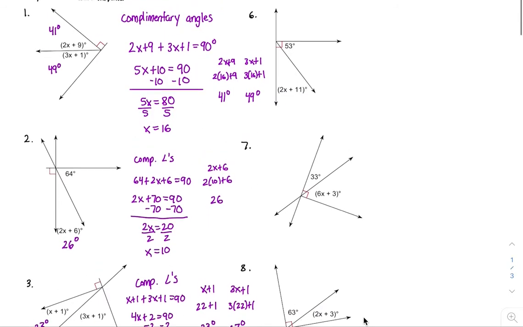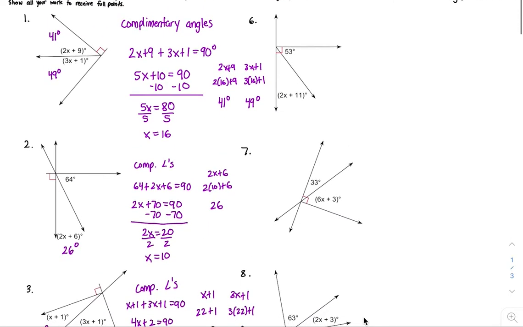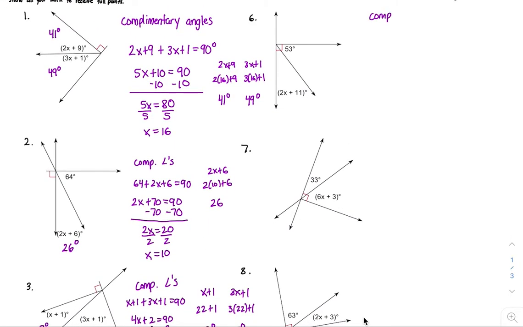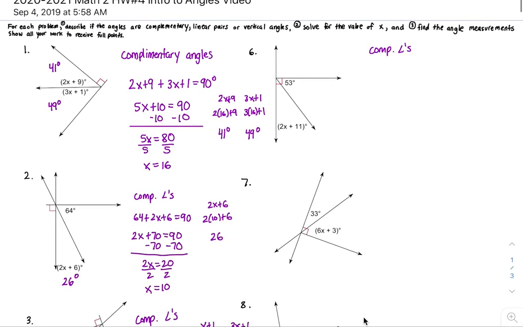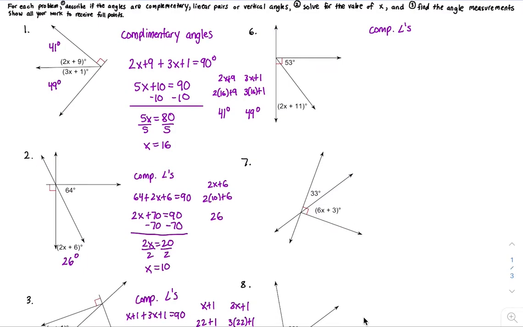Okay. Now we got number 6. Complementary angles. So that means we add up the angles, and they'll add up to 90. So 53 plus 2x plus 11 is equal to 90. Collect like terms, so 2x plus 64 equals 90.